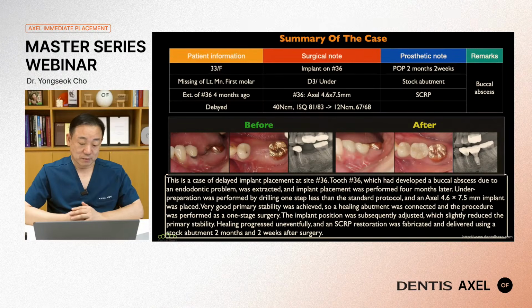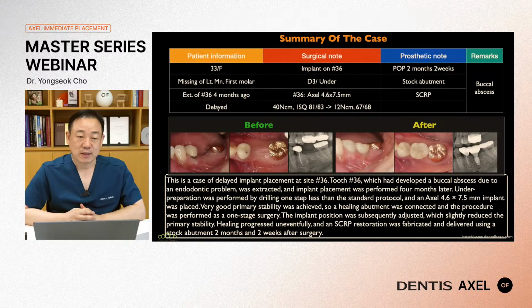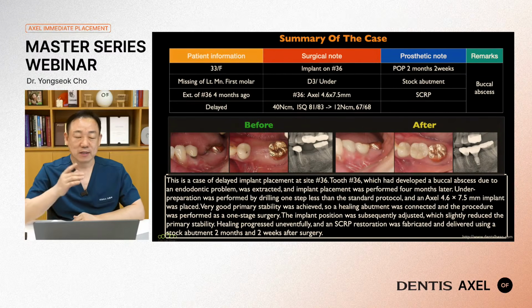Okay, this is a delayed implant surgery case. I performed the flapless surgery. So this is my routine surgery after extraction when there is no indication for immediate placement. Usually I extract the tooth, wait 3 to 4 months, re-evaluate, and then do surgery very simply.